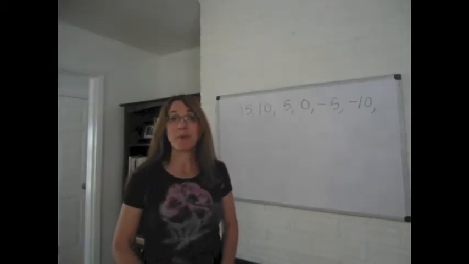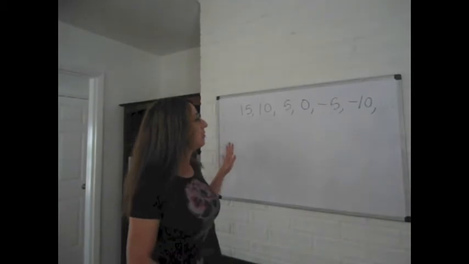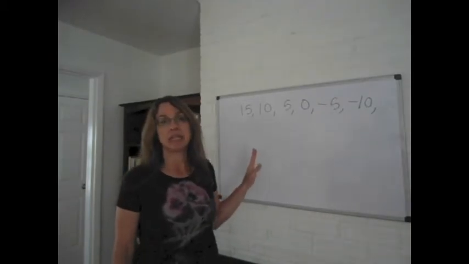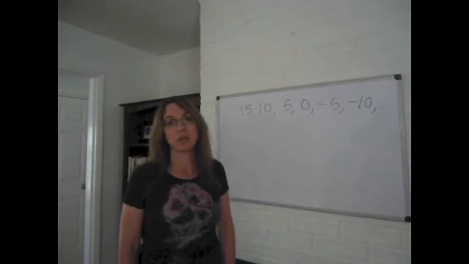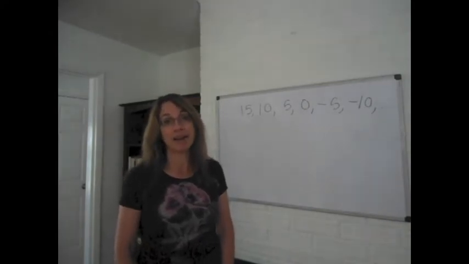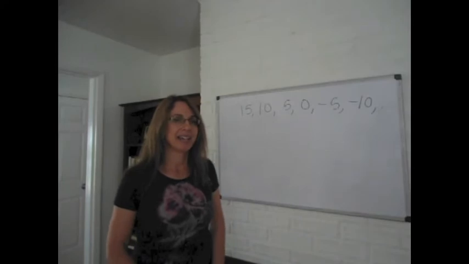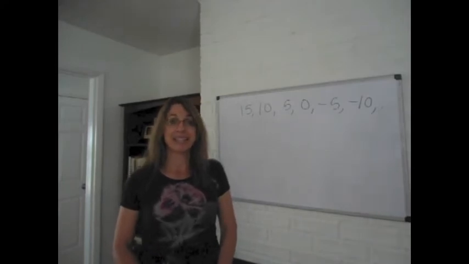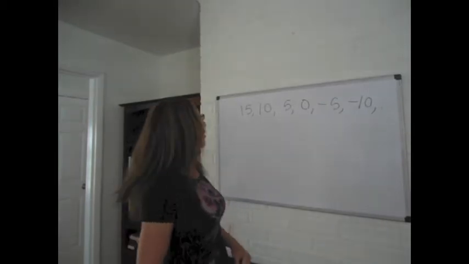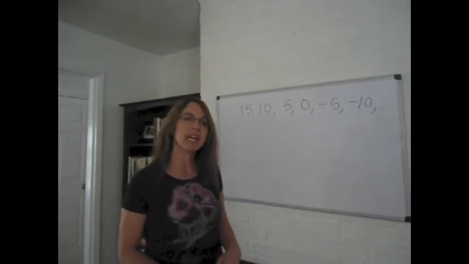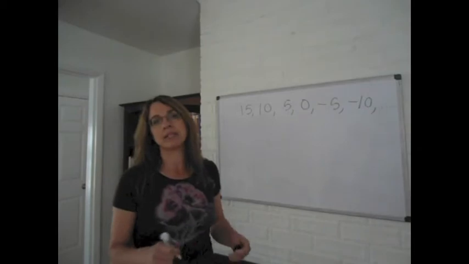Okay, let's try one more. We're going to look at this sequence. It looks a little bit different because it is a descending, decreasing sequence. So go ahead and pause, write it down and attempt it on your own, and then we'll come back. Okay, once again, we just see what the common difference is.